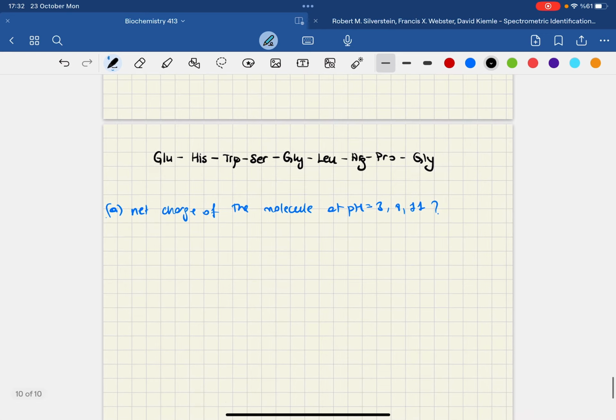This something is that we have the N-terminus. And here we have the carboxylic acid. Sorry, let me write it here, C-terminus. And now we need to find the pKa of these values, the N-terminus here and the C-terminus here.